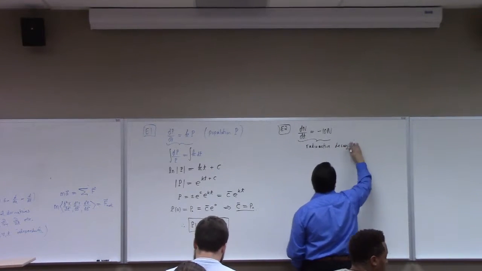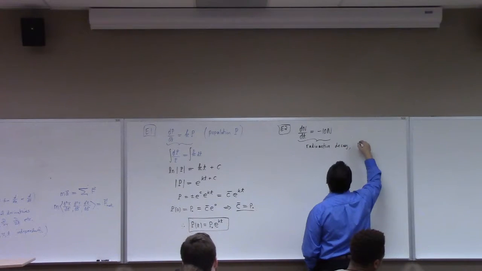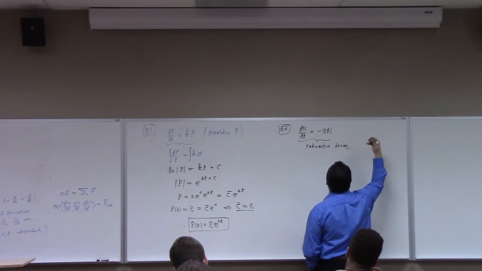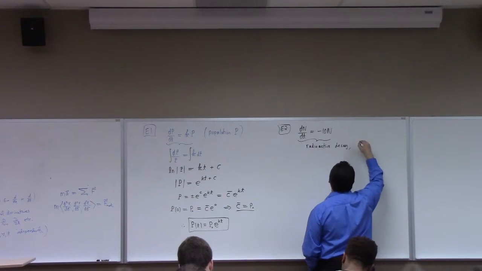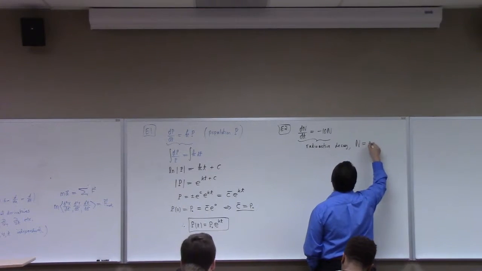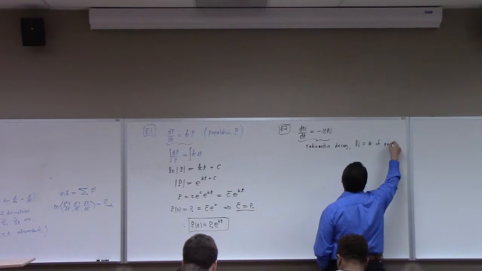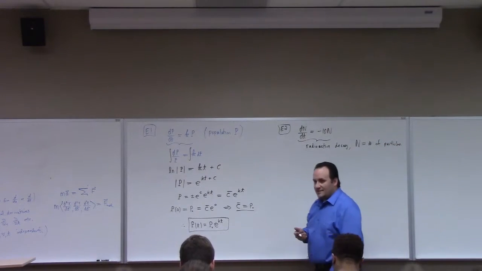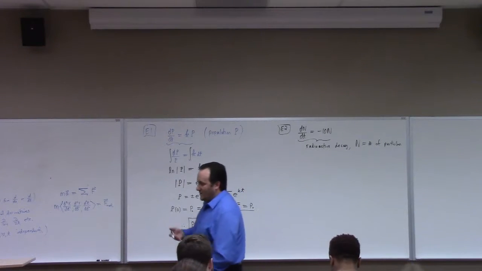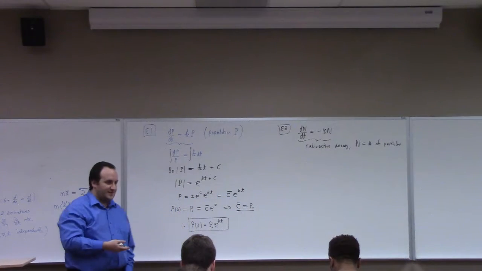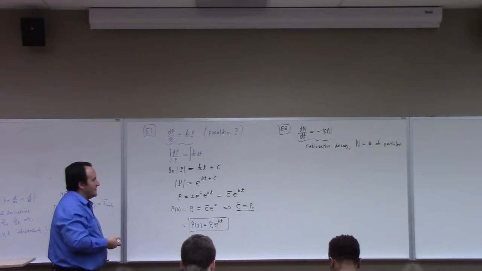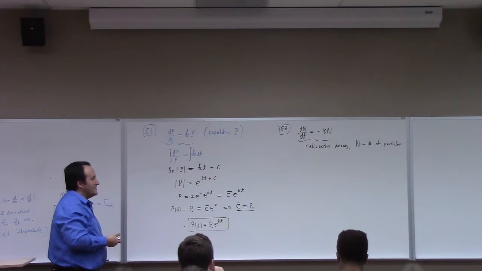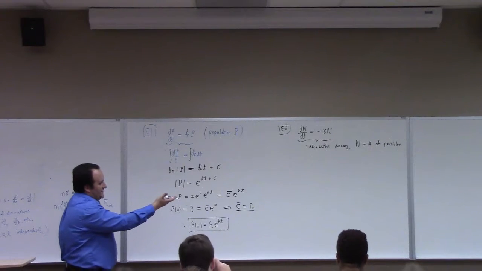That's why it's negative, and n is the number of particles. You can think of the number of particles like polonium, decaying in your fridge or something. The half-life's like 3 months, or depending on the brand, I don't know. But anyway, radioactive decay.